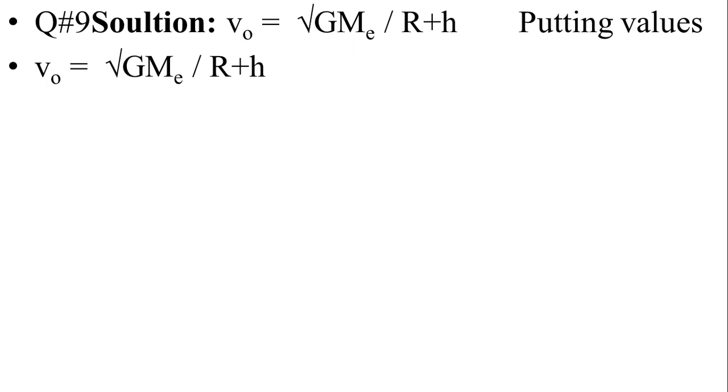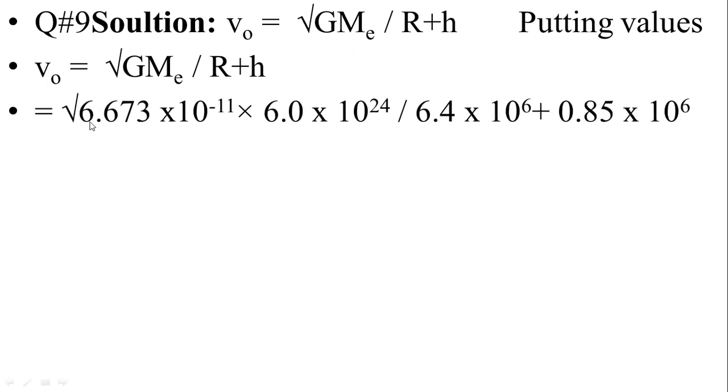V naught is equal to: value of G, 6.673 multiplied by 10 raised to power minus 11, value of mass of Earth, 6 multiplied by 10 raised to power 24 kg, upon value of radius of Earth, 6.4 multiplied by 10 raised to power 6, plus 0.85 multiplied by 10 raised to power 6.